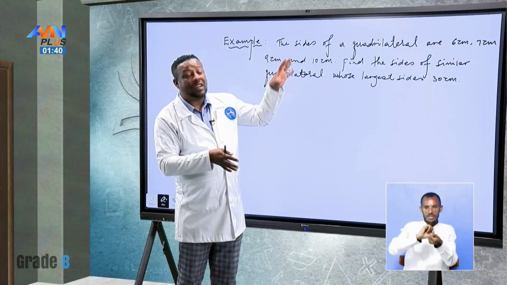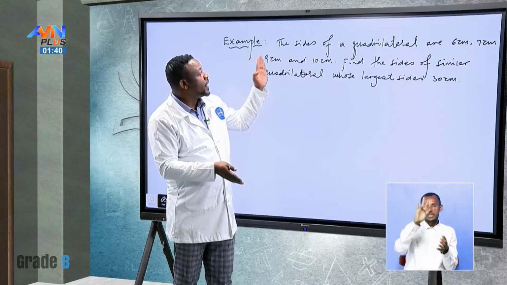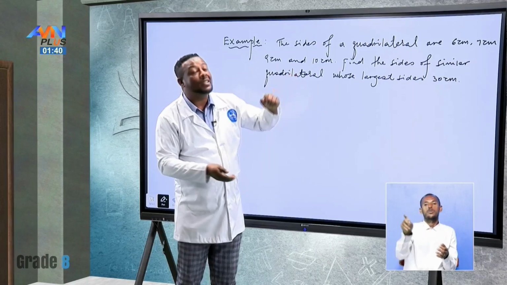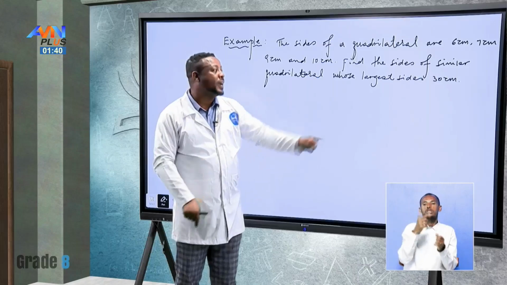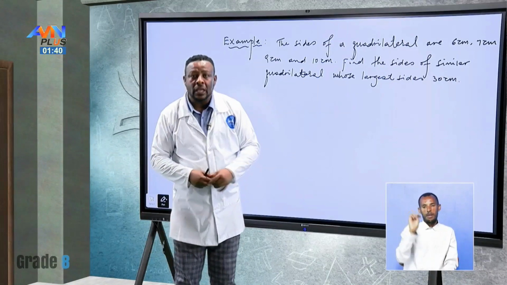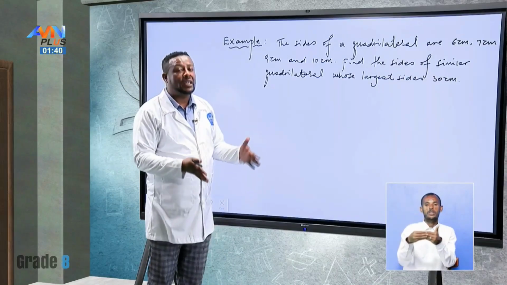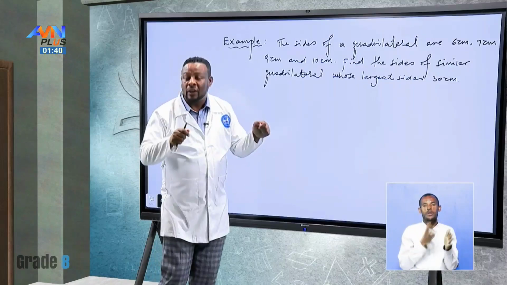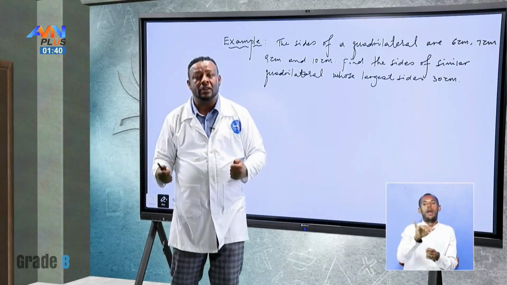There is a certain known quadrilateral whose sides are 6, 7, 9, and 10, and you are asked to find the sides of a similar quadrilateral whose largest side is 30 centimeter, right? So we will follow the procedure that we have seen in the previous example. That means we need to apply one of the conditions of similar plane figures, right?